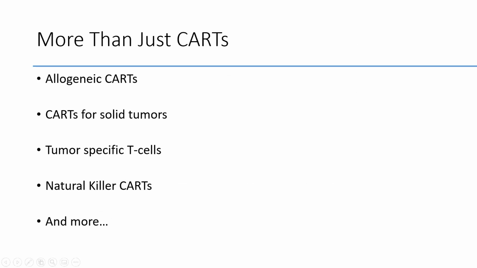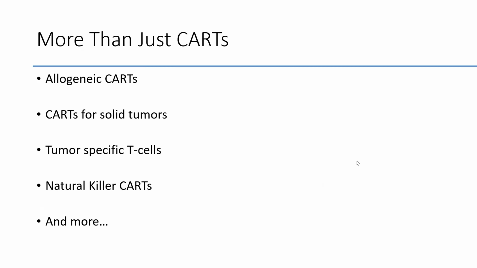And the last thing I wanted to highlight is that the field of cellular therapy and immune therapy is constantly growing to include more than just autologous chimeric antigen receptor T cells. There are lots of studies evaluating allogeneic CAR-Ts and CAR-Ts for solid tumors.